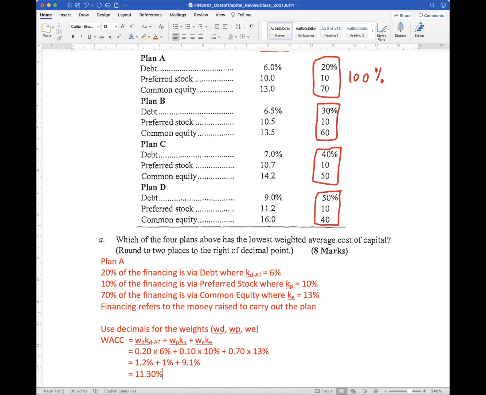So in this case, for the people who give us common equity, we're paying a rate of 13%. For preferred stock, we're paying a rate of 10%. The after-tax rate that we pay for the borrowed money, for the loans, is 6%. When you balance everything out, on average, we are paying 11.3% for the money that we raise to carry out this plan A.